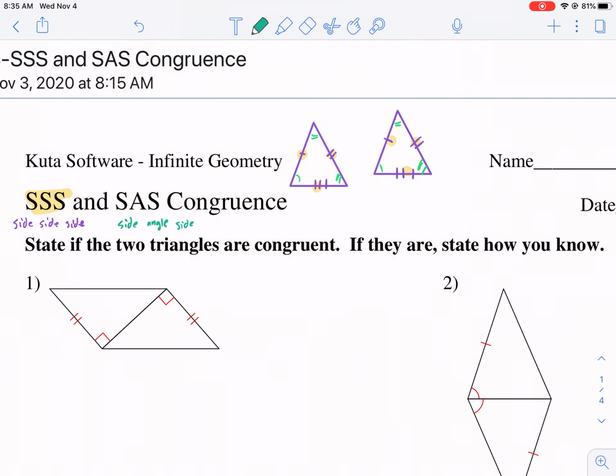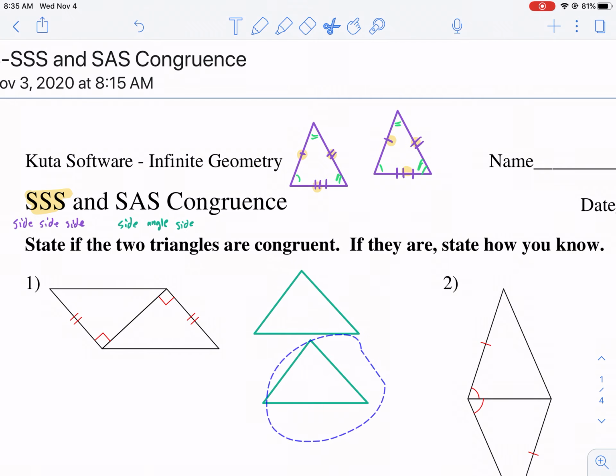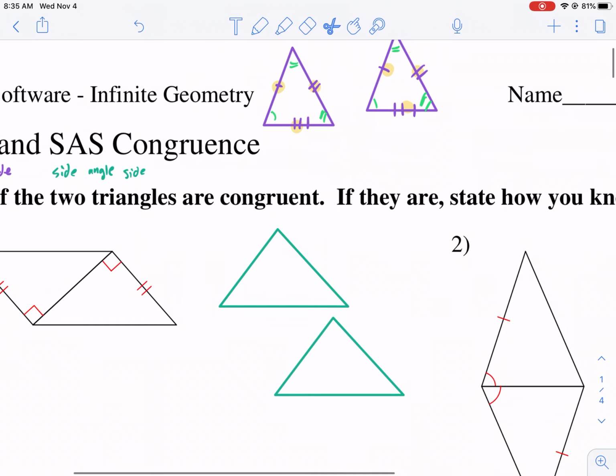All right. Now, the other one, SAS, looks something like this. I've got one triangle, and I'm going to copy this and paste it. So we have two triangles here, and we don't know anything about them.